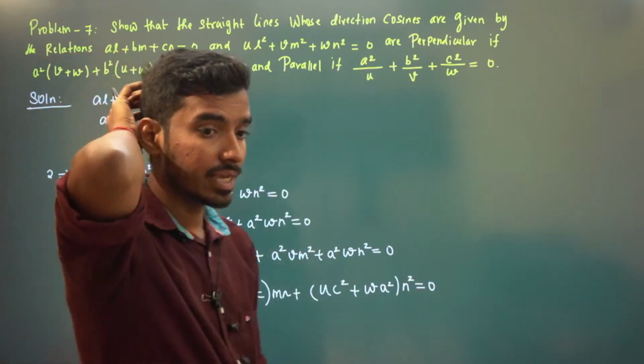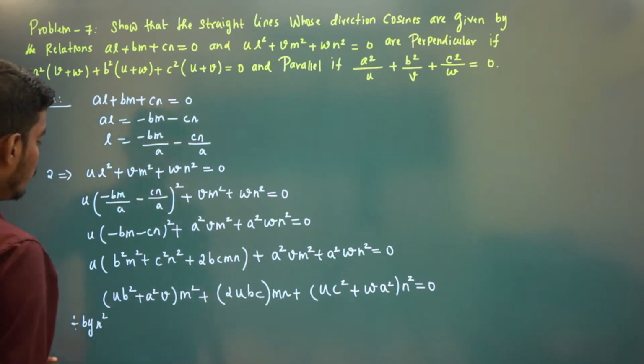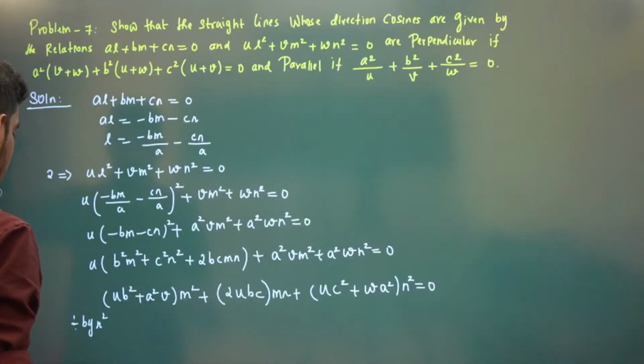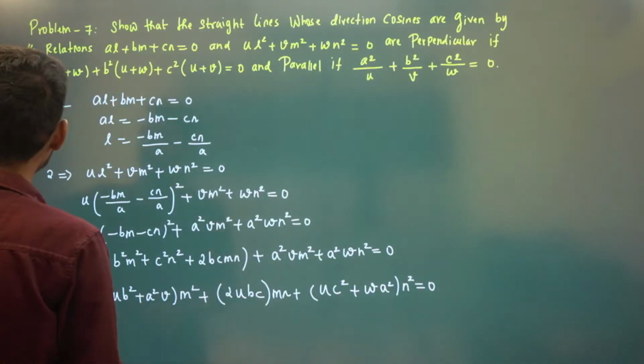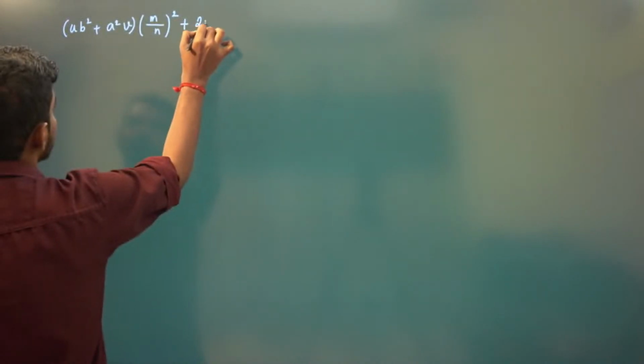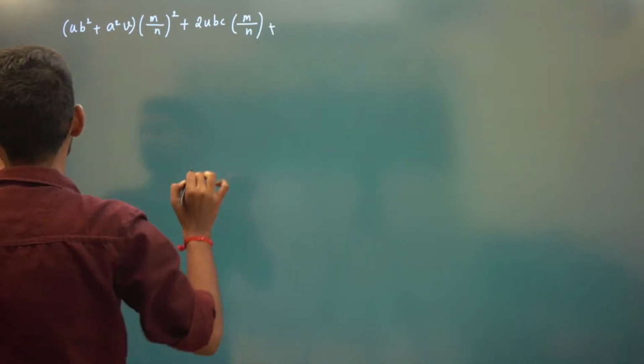Right? Let us divide by n square so that we will have a quadratic in m by n. So we will have (UB square plus A square V) times (m by n) whole square, plus 2UBC into m by n, plus some constant term.